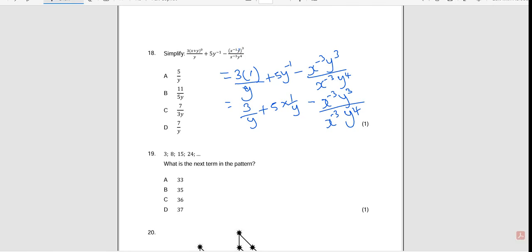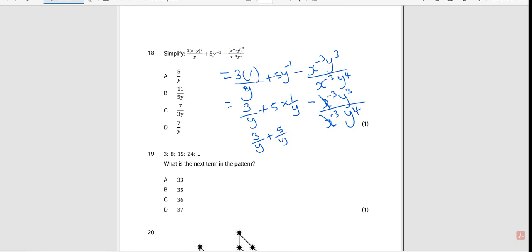So here, this is what we're going to have: 3 over y plus 5 over y. And then here, this one and this one will cancel.